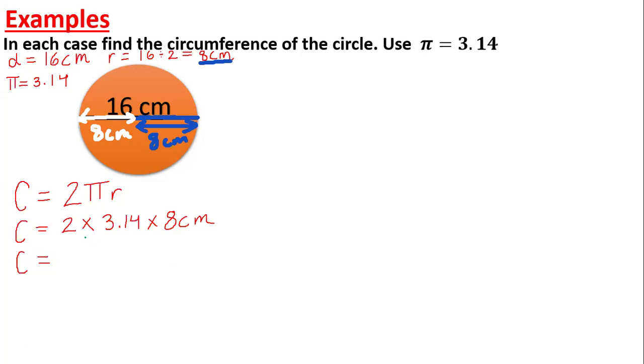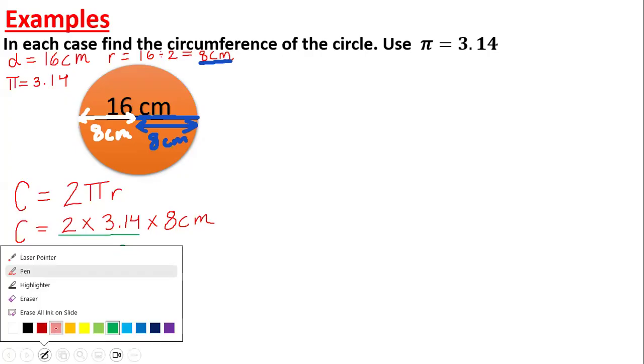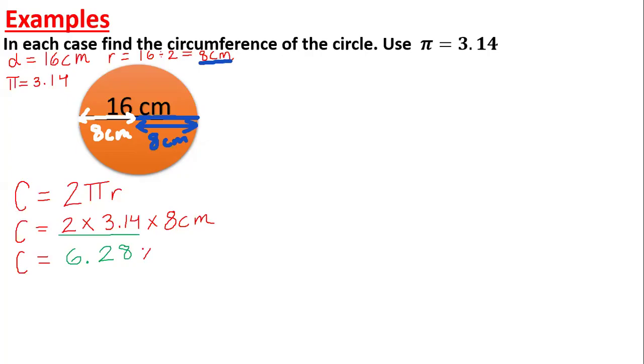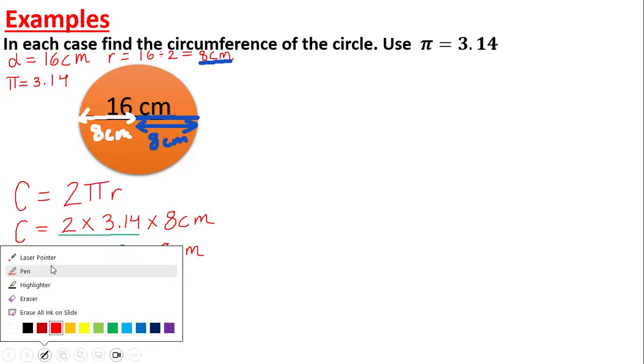So 2 times 3.14 is going to be what? We should know that by now. That's 6.28, multiplied by 8 centimeters. Are we finding the diameter? No, we already have the diameter.